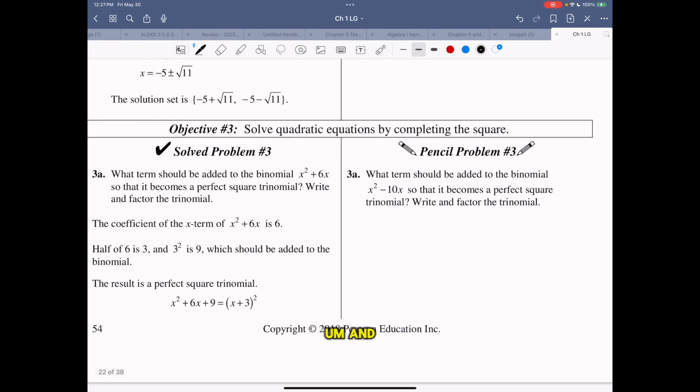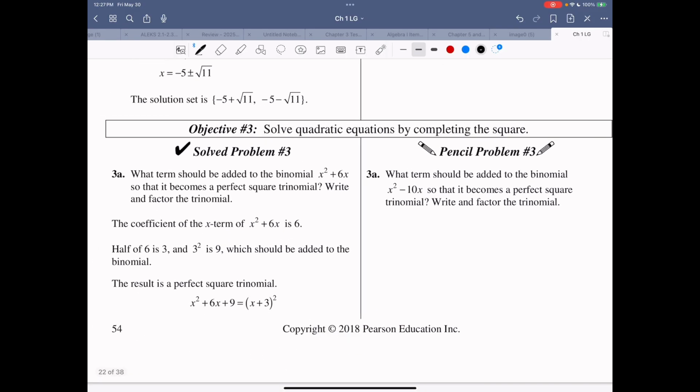And then they're asking you to find a term. This is kind of leading into completing the square. It's probably my least favorite method, but you do it so that you can condense.